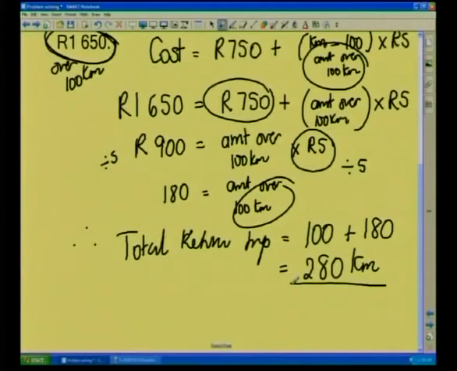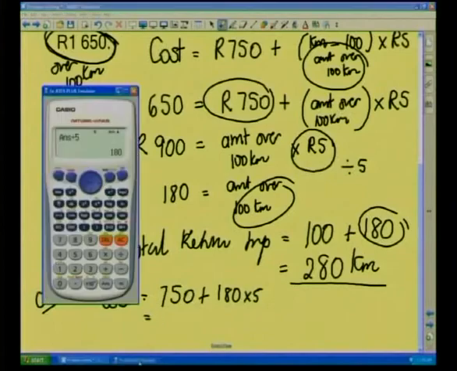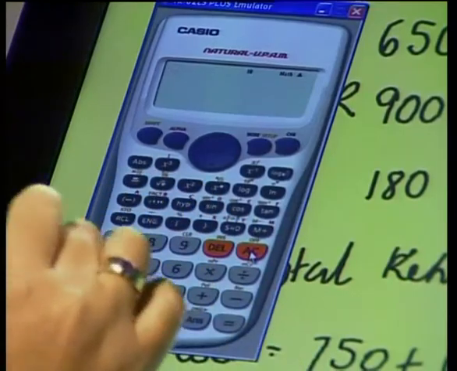If we want to go back and check, we could actually use that formula. So the cost is equal to, this is my check, 750 plus the amount we found was over 100 times 5. And if I'm correct, I should get back to my original answer.